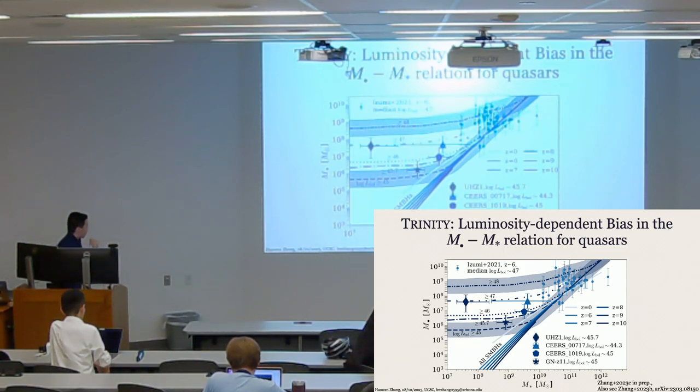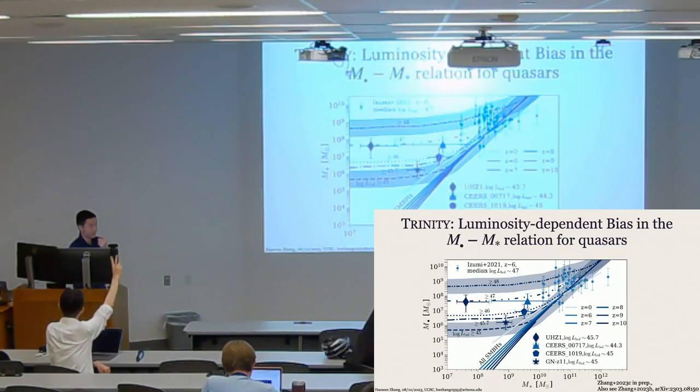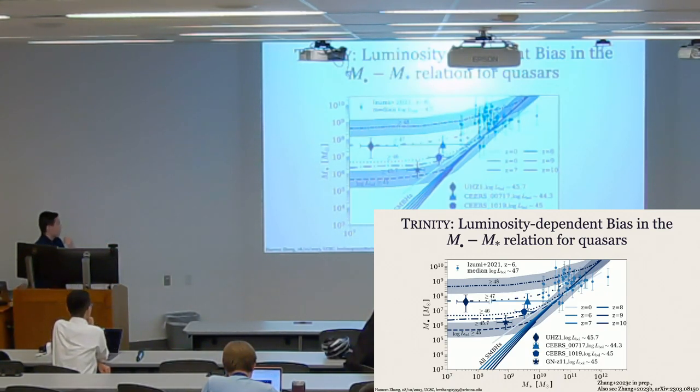But to be fair, these Trinity predictions assume that all the black holes above these luminosities are going to be detected. They're never going to be outshined or covered by their host galaxy's light. However, this is kind of unrealistic, especially for those low-mass AGN populations.